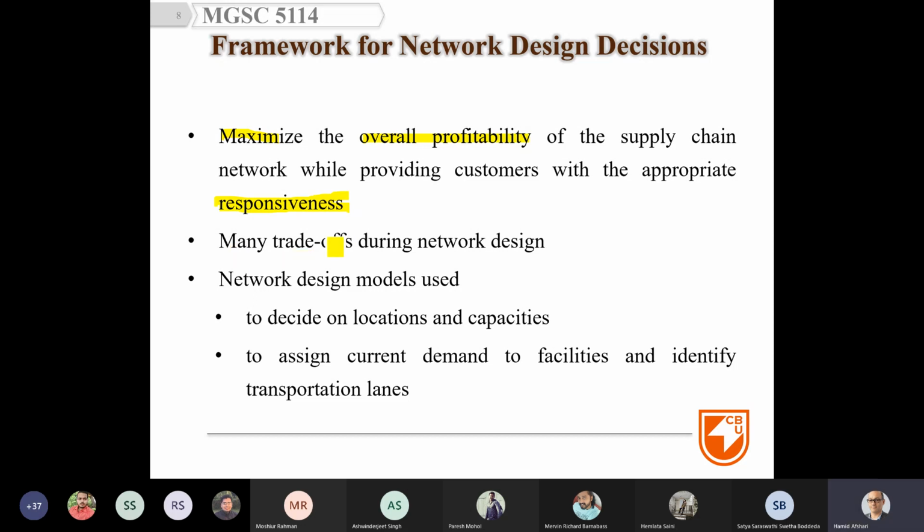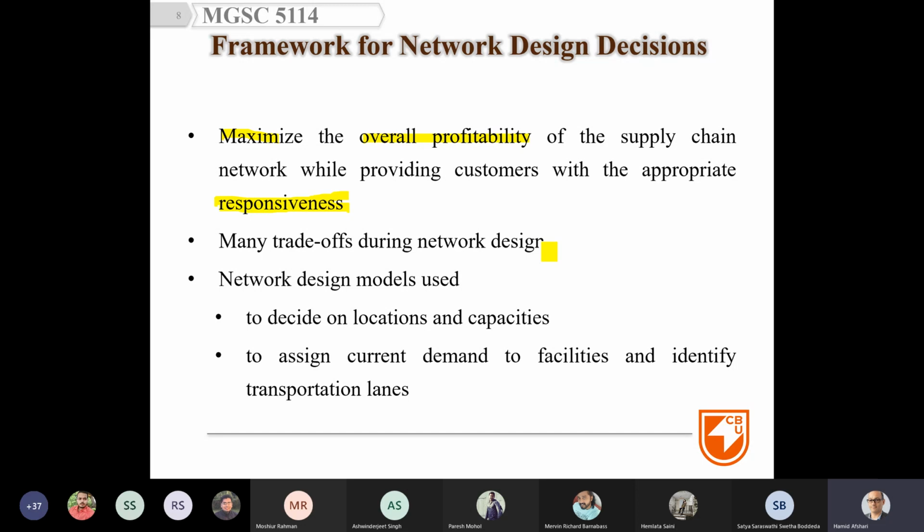Definitely, there are many trade-offs during network design. Can you bring one of those trade-offs? Any comment, for example, any trade-offs that we should make? So what does trade-off mean? You give something and then earn something else. Do you remember what we were talking about last session?